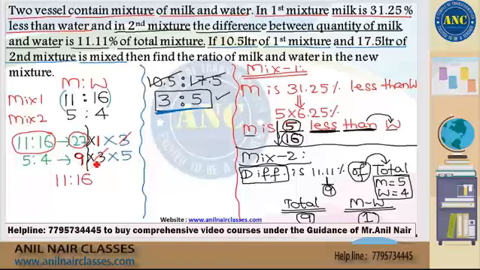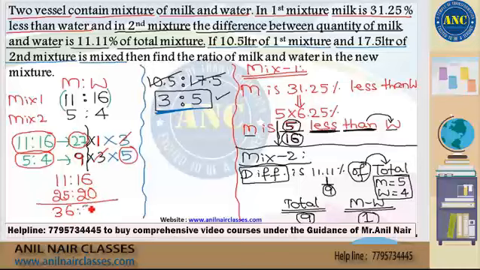This 9 you should multiply only with 5, or this 5:4 you should multiply with 5. 5 into 5 is 25. 4 into 5 is 20. The resultant mixture is 11 plus 25 is 36, and 16 plus 20 is also 36. The new mixture has the ratio of 36:36, which is 1:1. Very, very excellent questions being solved in the easiest way possible.